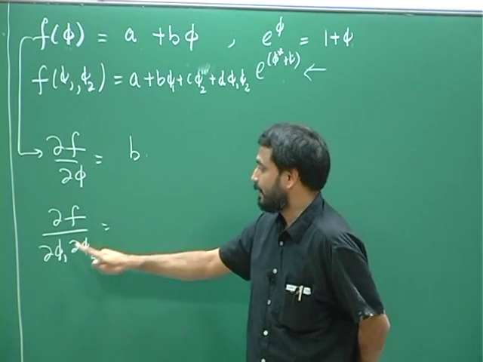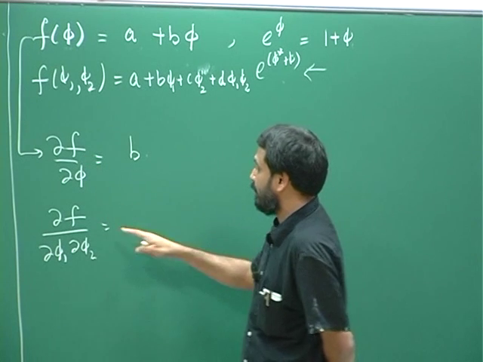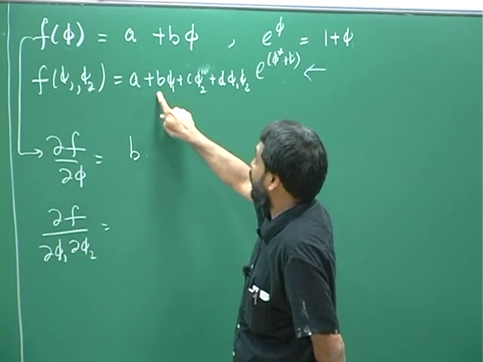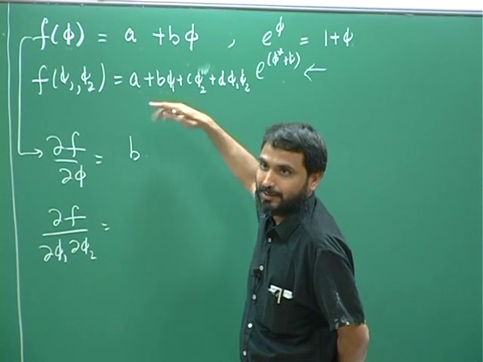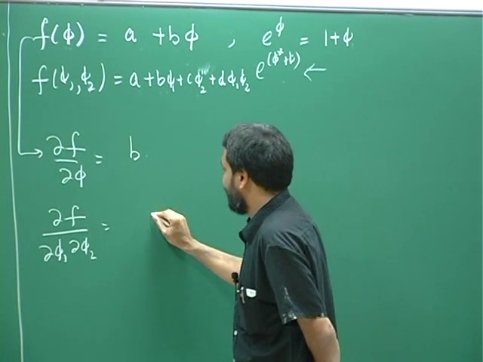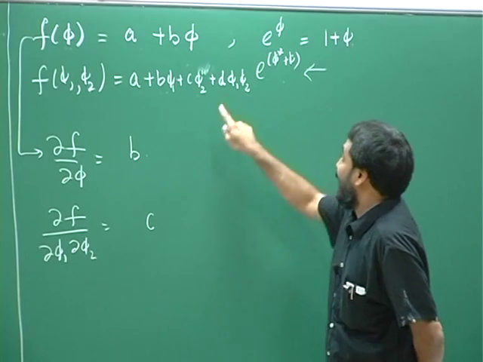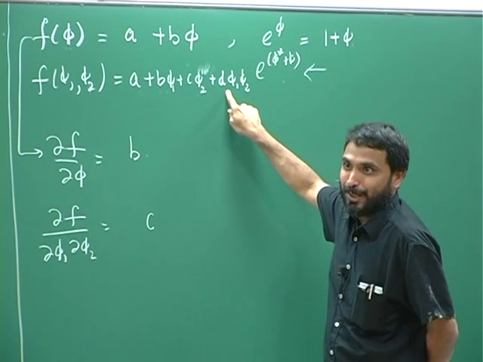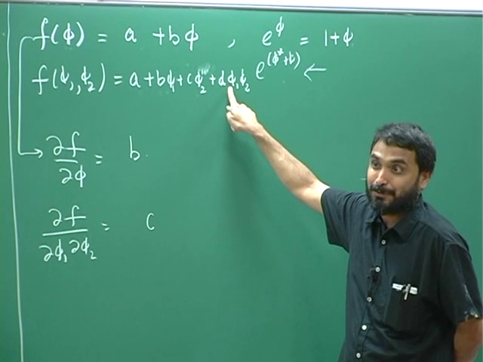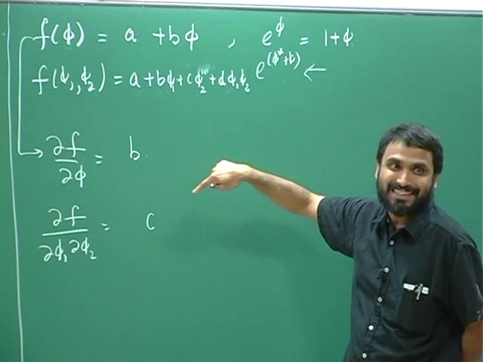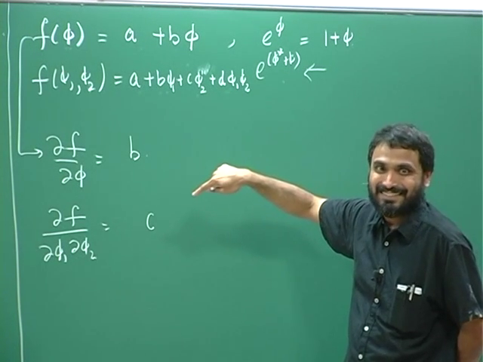So if I take the first, let me just use this rule, and if I take d by d phi 2, what happens? This will give me 0. This does not depend on phi 2, so it goes away. So this will give me a c immediately, good. But when I try to differentiate this fellow now, this derivative has to slide through one of these Grassmann fellows, so I'll pick up a minus sign, right?